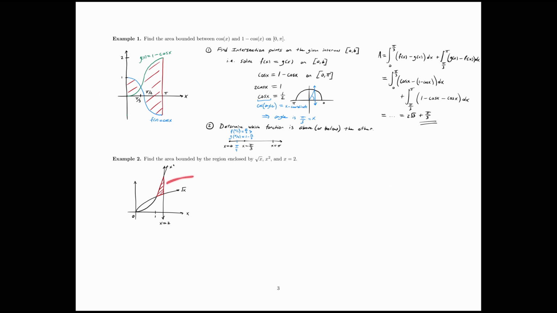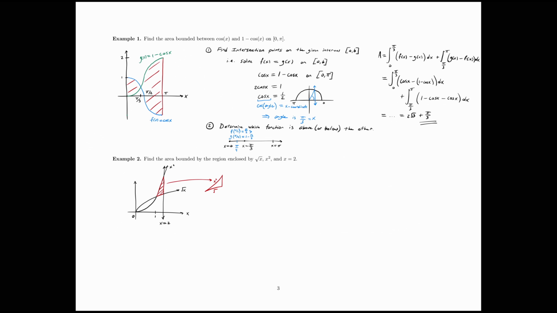If you want to, we can sort of pull this out and look at it that way if you'd like. There we go. That's sort of what we have. So this curve is x squared.